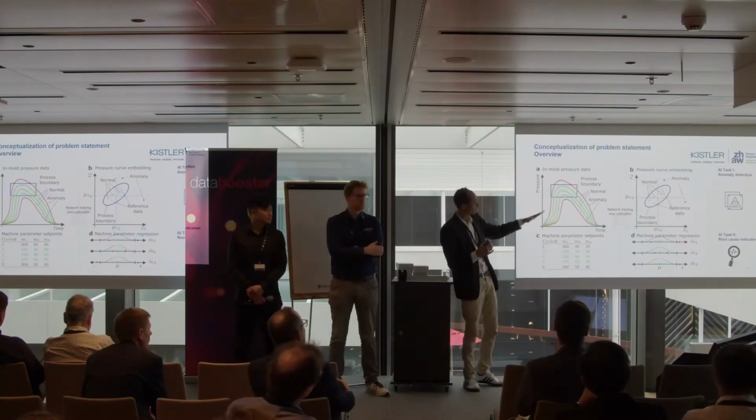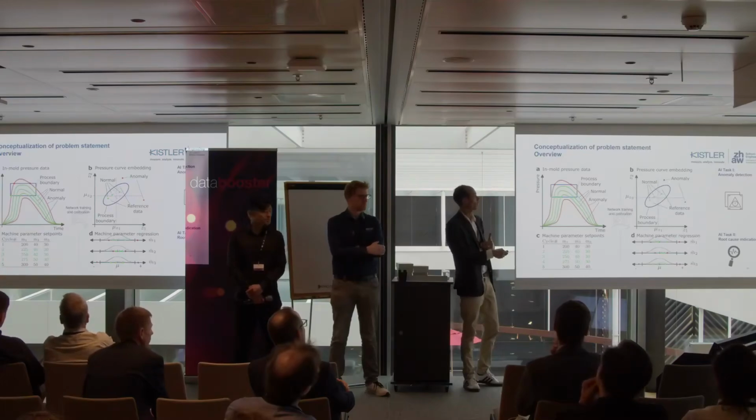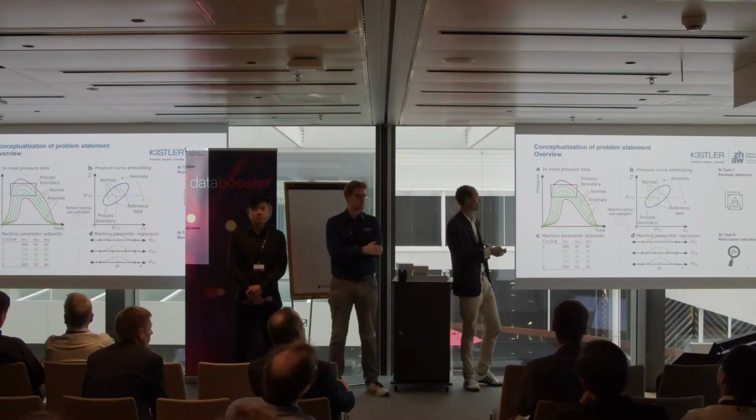Now we replaced the setting of the operational bounds with the data-driven operational bounds shown here in purple. So if after the embedding a data point lies inside the ellipse, it's considered good, and if it's outside, then it's considered bad or an anomaly. And the width of this ellipse can be changed with a single parameter.